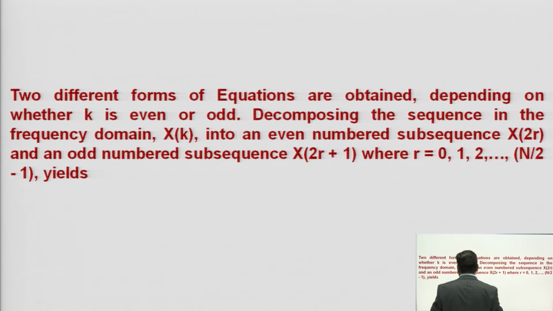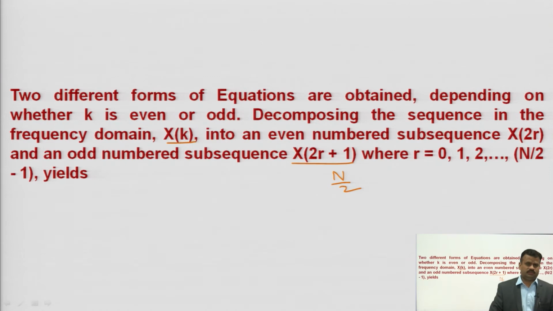Decomposing the sequences in the frequency domain, X[k] into even number sequences, capital X[2r], and into the odd number sequences, capital X[2r + 1], where your r goes from 0 to N/2. It means your length is N/2 now, because you are splitting your sequences into two equal parts, N/2 for even and N/2 for odd.